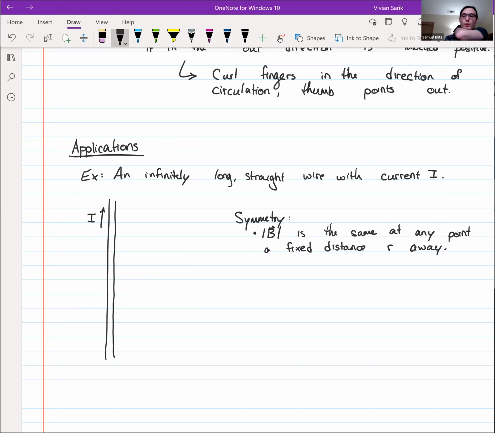What else can we establish? Well, we know, and we've solved this problem before, that the magnetic field circulates around currents. So electric fields come out from charges, magnetic fields circulate around currents. So in this case, the magnetic field circulates around the current in a circular fashion. And it has to be in a circular fashion because there's cylindrical symmetry.